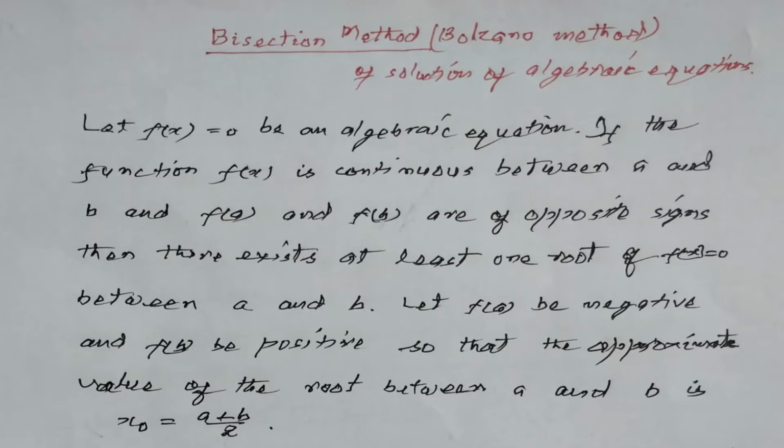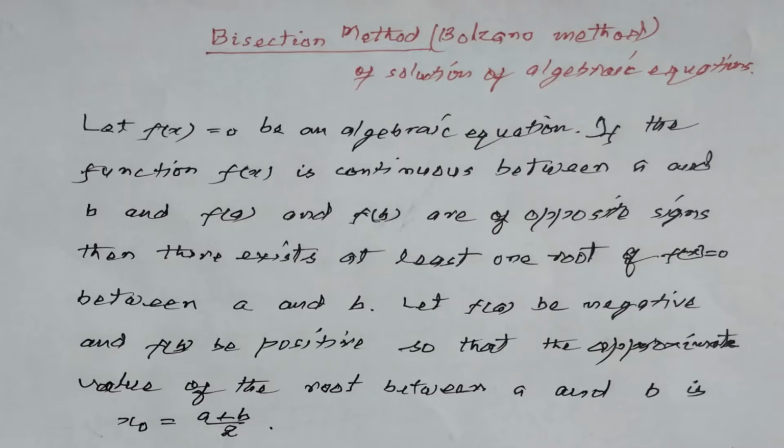Let f(x) equal to 0 be an algebraic equation. If the function f(x) is continuous between two real numbers a and b, and f(a) and f(b) are of opposite signs, then there exists at least one root of f(x) equal to 0 between a and b.